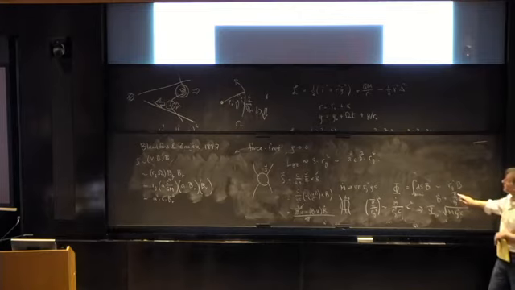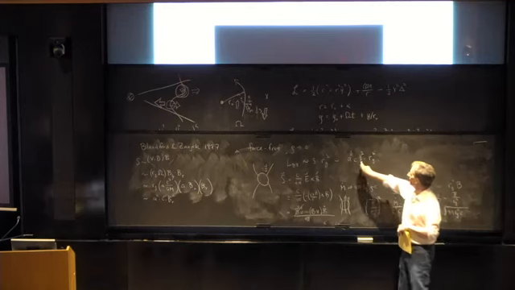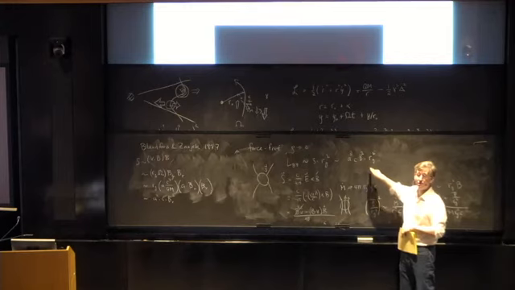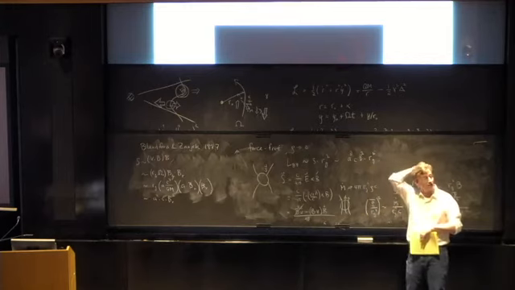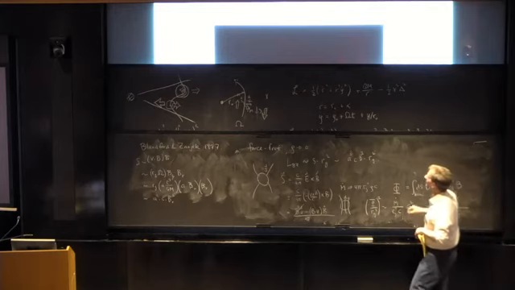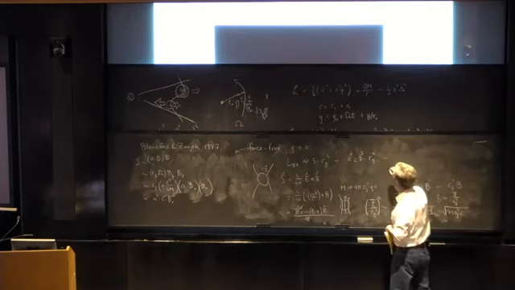So what I'm going to do is write B in terms of the magnetic flux, and then I'm going to write the magnetic flux in terms of this dimensionless flux phi and this characteristic magnetic flux. Okay, so let's carry out that program.